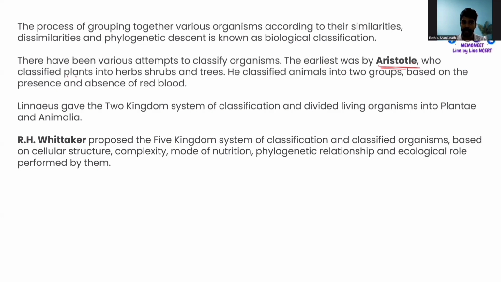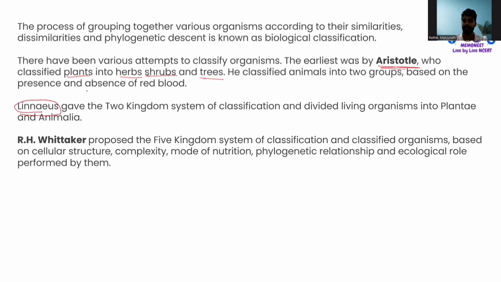He classified plants into herbs, shrubs, as well as trees based on their height. Then he classified animals into two groups based on the presence as well as absence of red blood. Again, it didn't feel convenient. Therefore, Linnaeus gave the two kingdom system of classification.